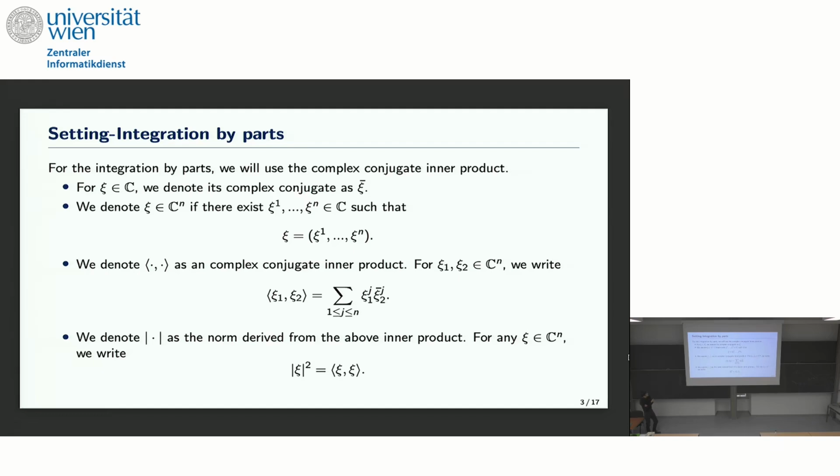For this vectorial case, let me denote the complex conjugate inner product in this way, where each component is multiplied using the complex conjugate. This is the natural extension of the complex conjugate product.